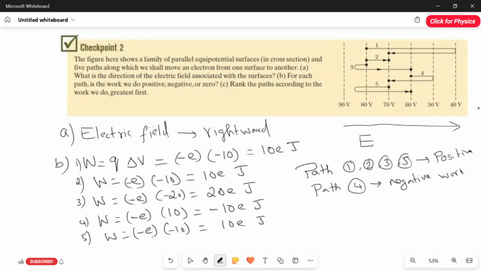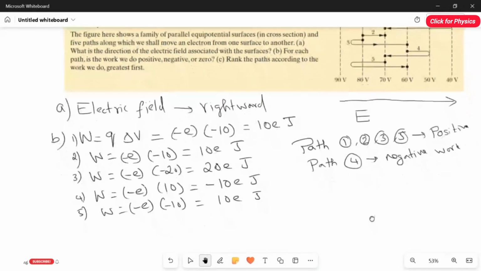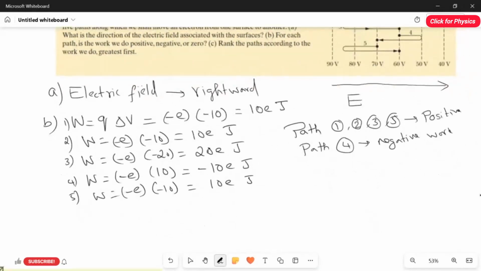Now for part C, we have to rank the paths according to the work we do, greatest first. Which work is greatest? You can see the third path work is 20E joules, so this is the greatest work. We have to answer from the greatest to the smallest. So the third path does the greatest work, 20 times E, and its unit is joule.